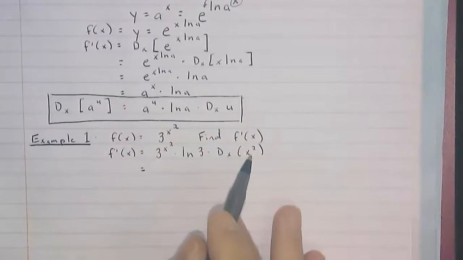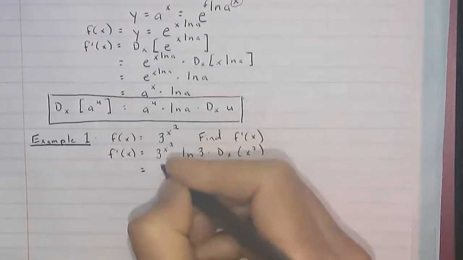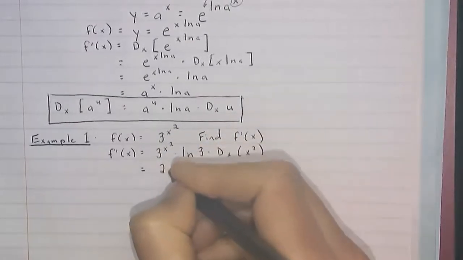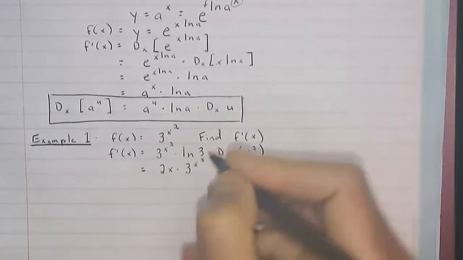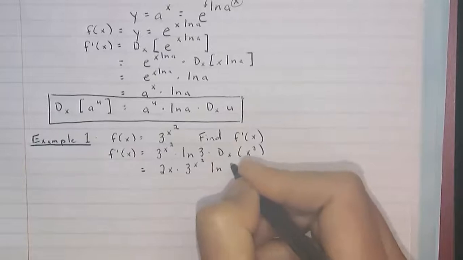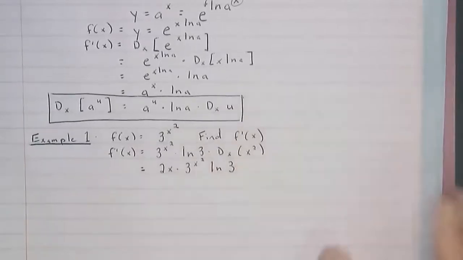The derivative of x squared is 2x, and so we'll write this as 2x times 3 to the x squared times ln of 3.